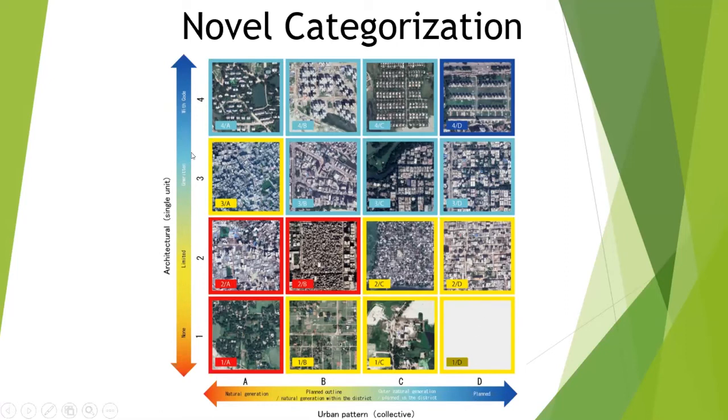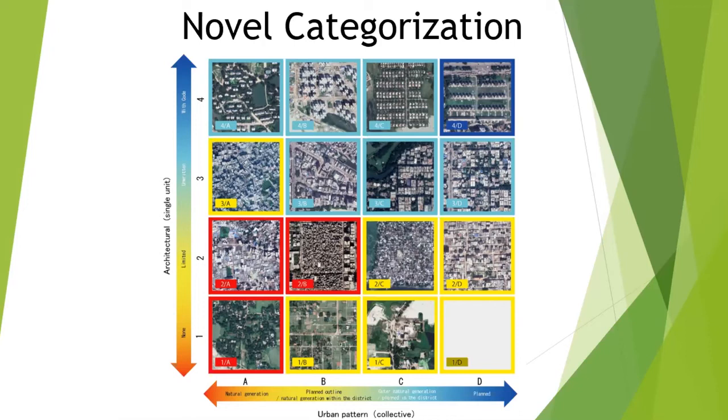Here we are looking at the buildings as a single unit. So on this axis, here it is none, so there is no code for buildings. This is limited code. Here there is some code, and here with code, fully with code.